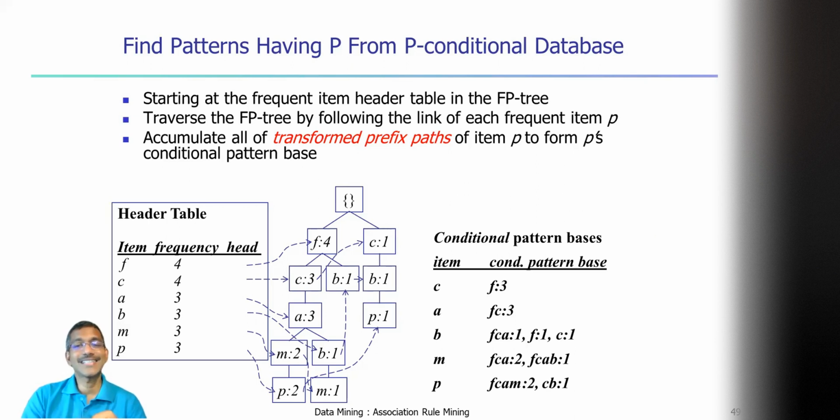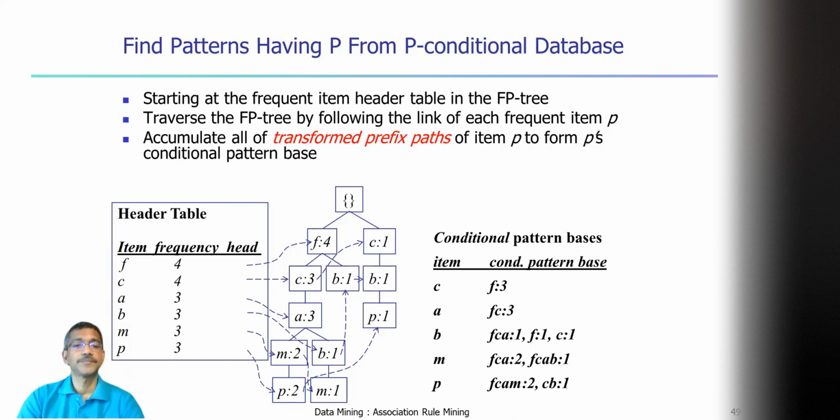C by itself we don't put as a pattern. Then we'll take A. Now look at A. We have only one A, because we have to start from the header table. And the only pattern that we have is FCA. So with item A, we can create a pattern FCA with a frequency of 3.